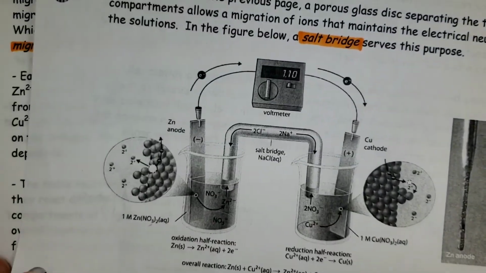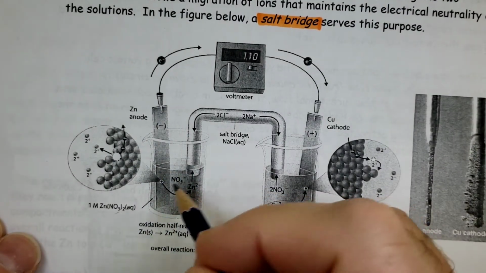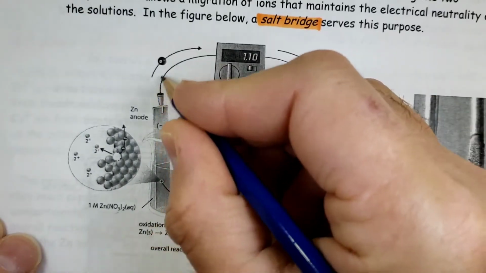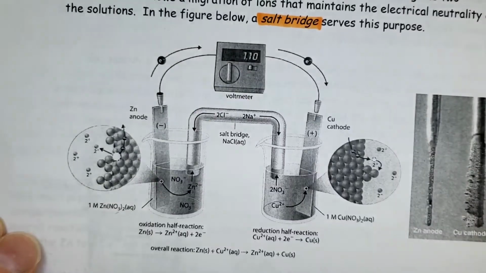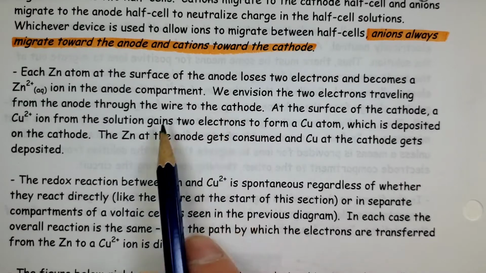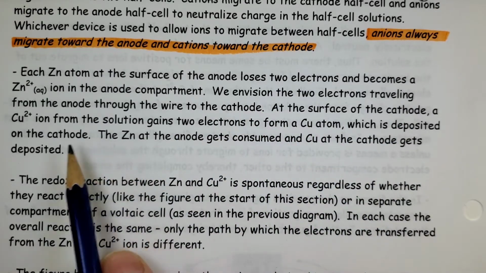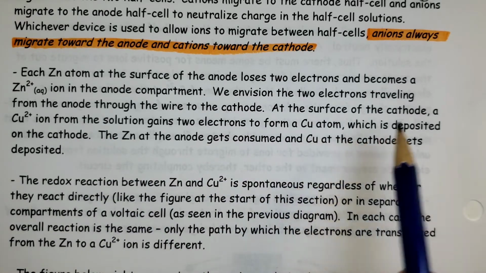So again, over here, when the solid zinc becomes Zn2+, it loses 2 electrons, so the electrons are going to move out this way. It's like the zinc anode has a surplus. It's like the negative pole of the battery. At the surface of the cathode, a Cu2+ ion from the solution gains 2 electrons to form the copper atom.